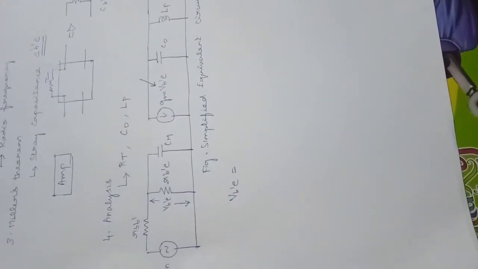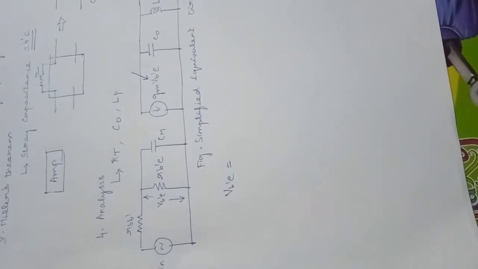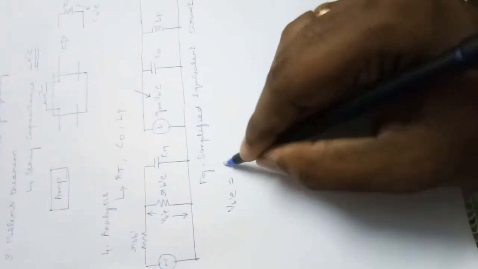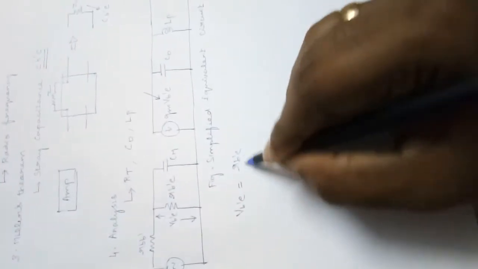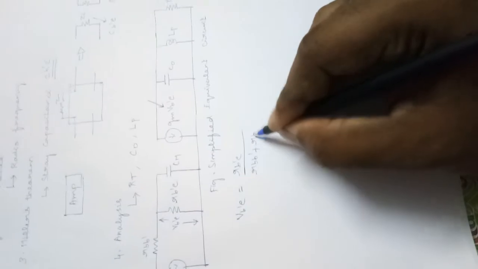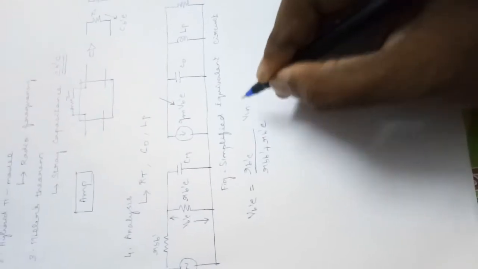Applying the voltage division rule, the value of Vb prime E is Rb prime E divided by the sum of Rbb prime plus Rb prime E, multiplied by the voltage Vin.